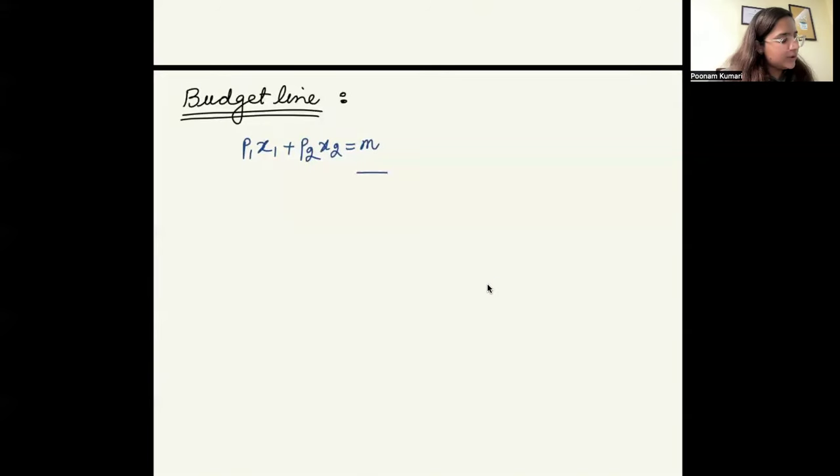This equation is exactly the same as writing P1 x1 by P2 plus x2 is equal to M by P2.